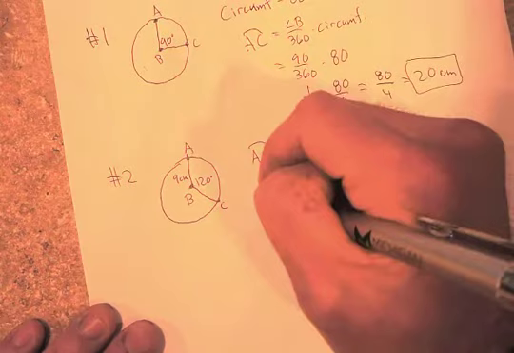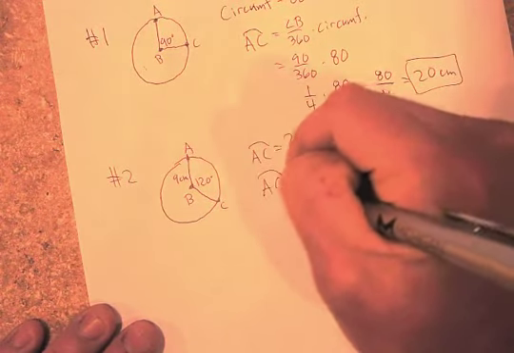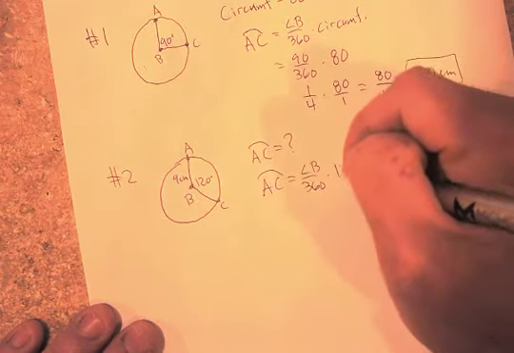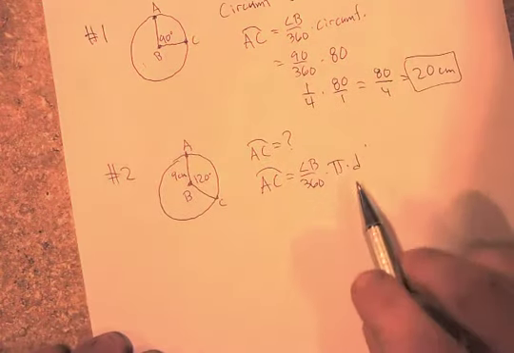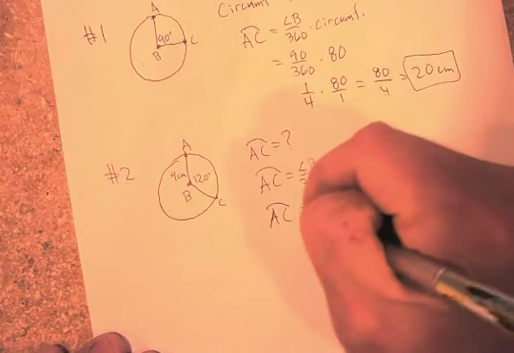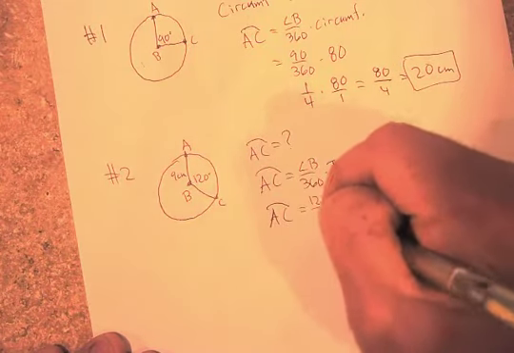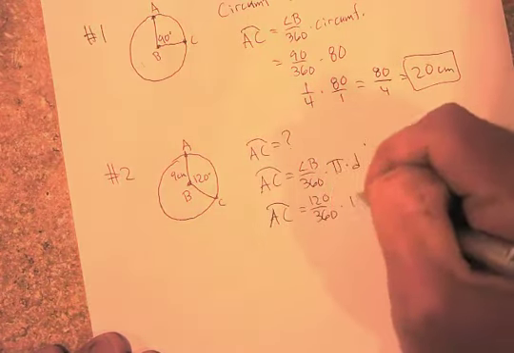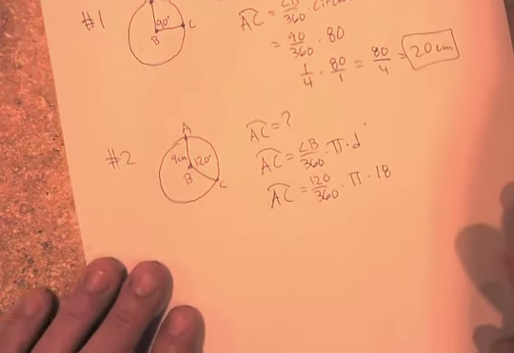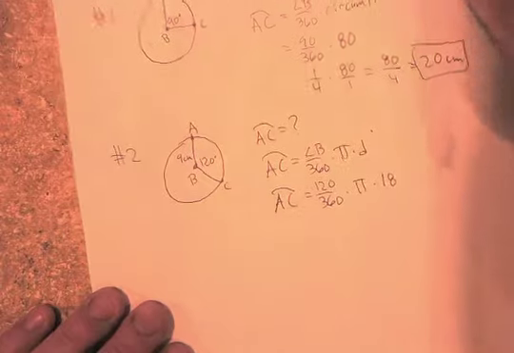All right, use the formula. Angle over 360. In this case, I'm going to do times pi d because I can figure out the d. So 120 over 360 times pi times d, and d is 18, right? So 18 pi is the circumference.